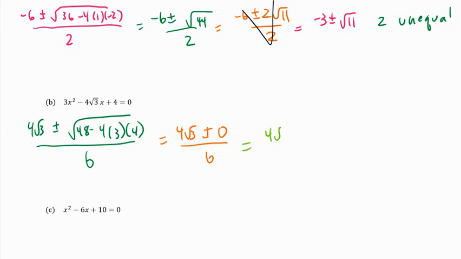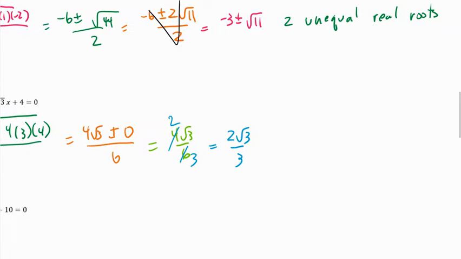Should be 4 root 3 over 6. We need to simplify that fraction. So I have 2 root 3 over 3. Whenever we have a quadratic equation, we need two answers. In this case, it's the same answer, so we would say that we have a double root.